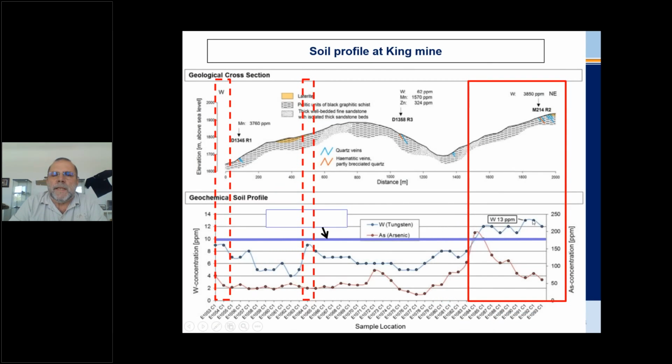So the height, the level of the anomaly is very low. It's just 13 ppm compared to a background value of about 5 to 6 ppm, because the tungsten mineral wolframite is not stable at the surface, is going oxidized, and the tungsten is washed away.